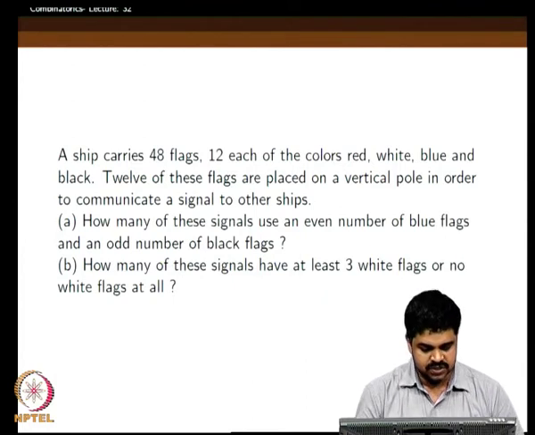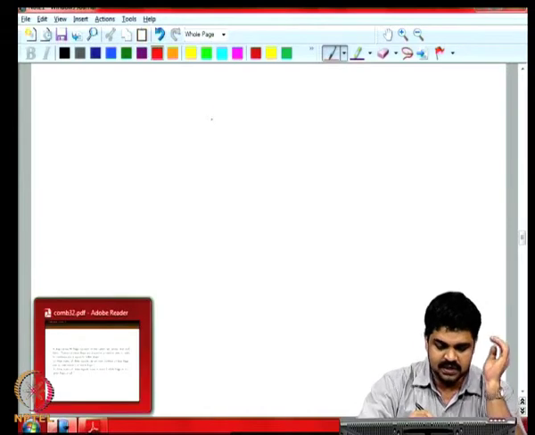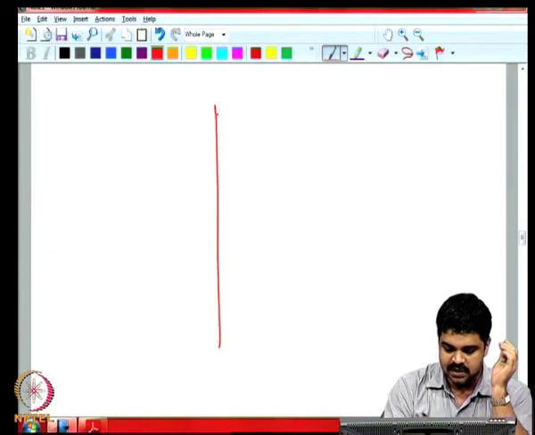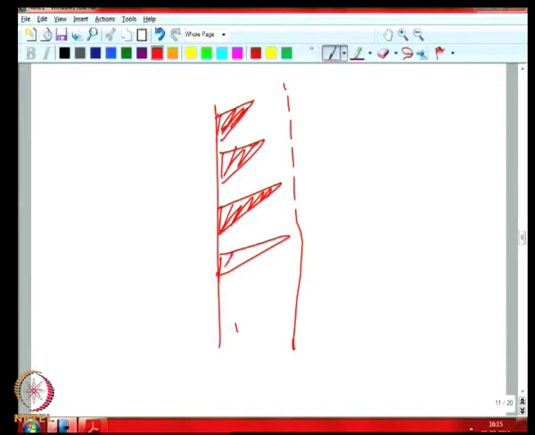in the flag post, maybe like this. They will select the flags and tie them like this here, right. 12 flags will be tied. So, this order is important here. For instance, these are 3 blue ones and then 1 black here and then 1 white here.